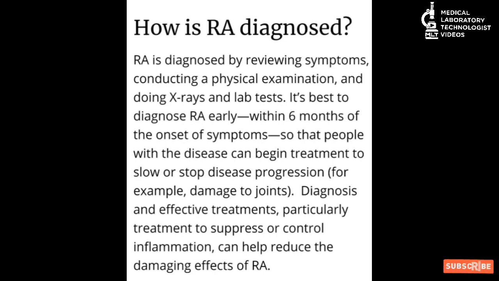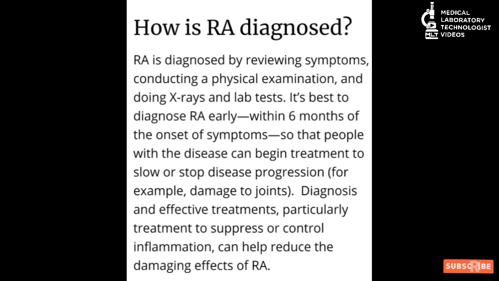It means there will be no more damage, especially for joints, and early diagnosis will be effective. And if we take early treatment, that will also be effective to suppress or control the inflammation, and it will also reduce the damaging effects of arthritis.